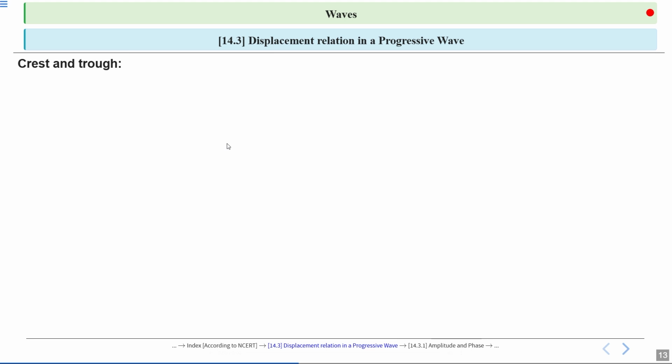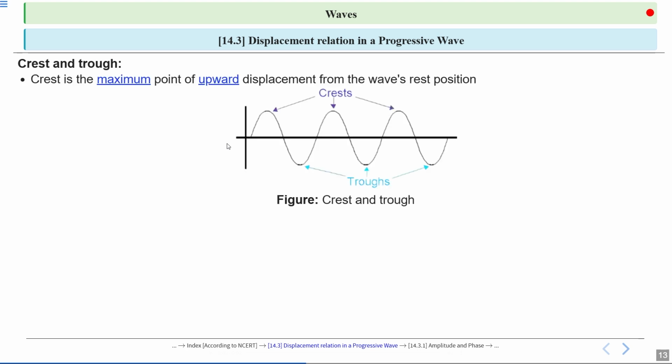Crest and trough. These are two terms you will need to understand as we study how waves move and carry energy. So now let's focus on the crest. Alright, the crest is the highest point of the wave above its rest position.